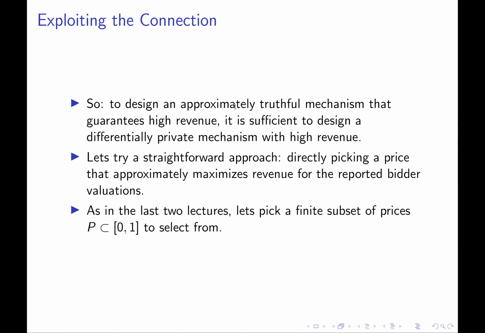There are continuously many prices between 0 and 1, and any of them could be the optimal price a priori. But just as we've done for the last 2 lectures, we don't have to consider all of them. It's going to suffice to consider an appropriately discretized subset, so we can restrict our attention to picking a price from a finite set.